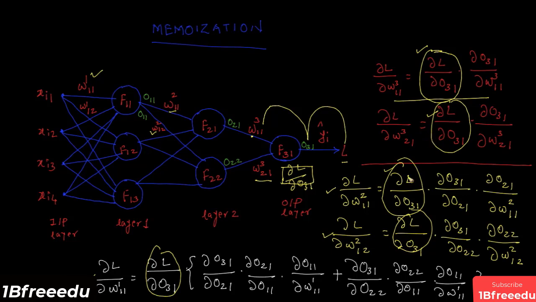So here, rather than doing this computation again, I can use the result from here. Here also I can use the result from here, and so on. So we can compute the derivatives, store them, and use them as and when required. This is the crux of memoization, and that is how memoization is very useful in reducing the computation or making the computation very efficient.